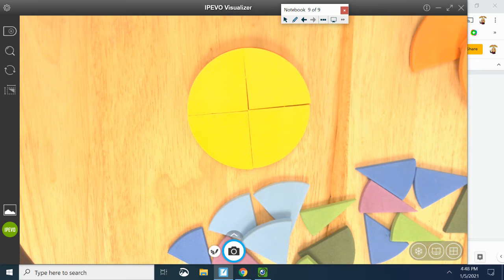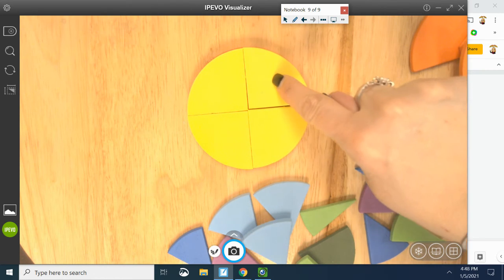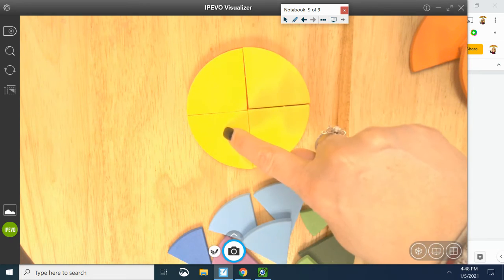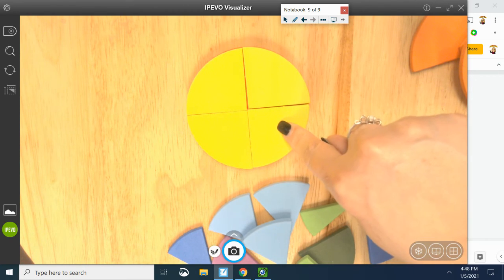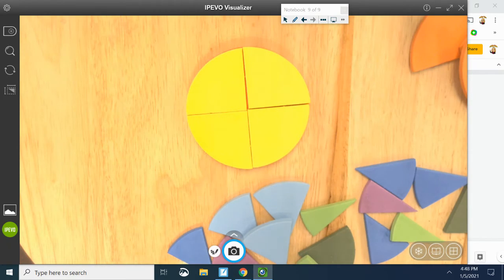And I want to look at how many pieces are in the whole. I have 1, 2, 3, 4 pieces in the whole. That means my circle is split into fourths. I can write fourths like this.